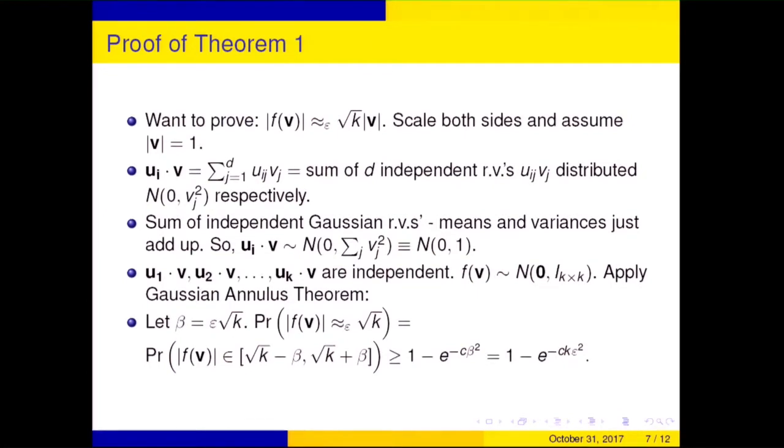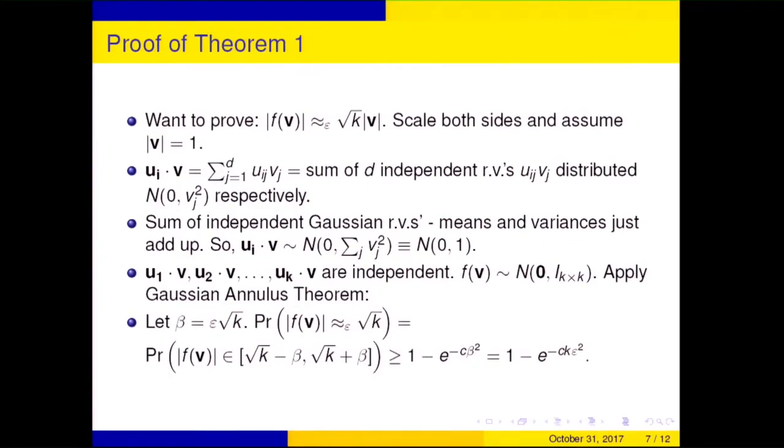The probability that it's off from root k by more than beta is e to the minus beta squared times c, only valid for beta smaller than root k. So you have to refer back to the Gaussian annulus theorem we proved. We didn't prove it for epsilon greater than 1. But luckily, we only need it for epsilon less than 1.